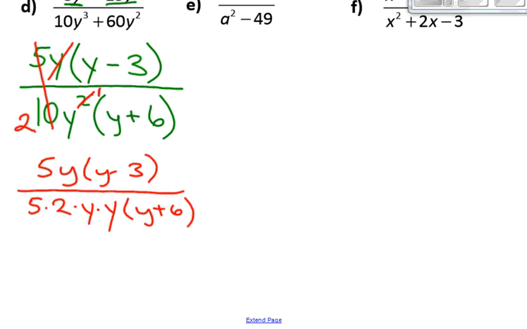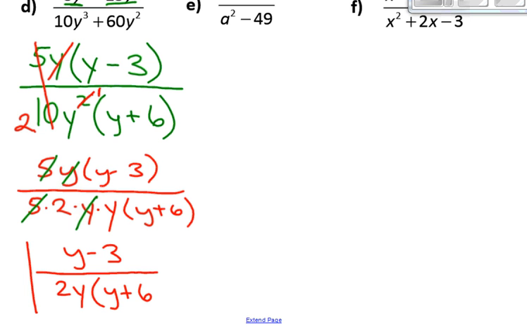And now you see you have a 5 and a 5 cancel, a y and a y cancel, and that's all you can cancel. So then you'll be left with y minus 3 in the numerator divided by 2y times y plus 6 in the denominator. Okay, so there's some shortcut ways that you can get around, but if those shortcuts are kind of confusing for you, then you're going to have to break everything down.